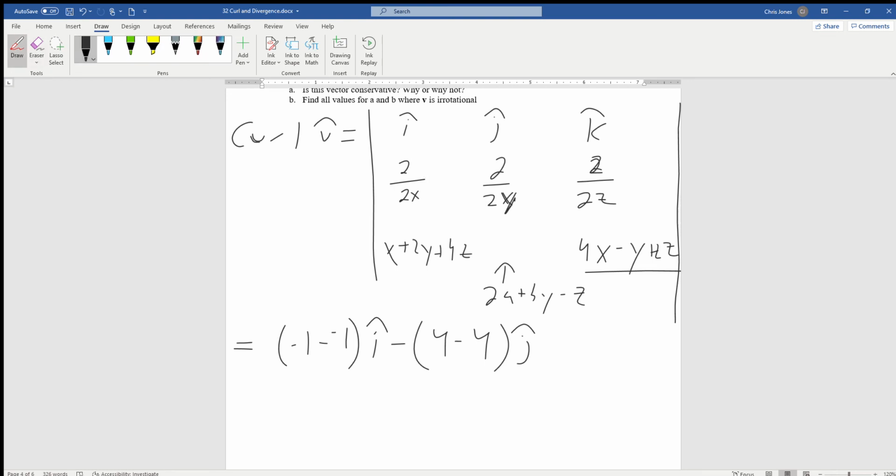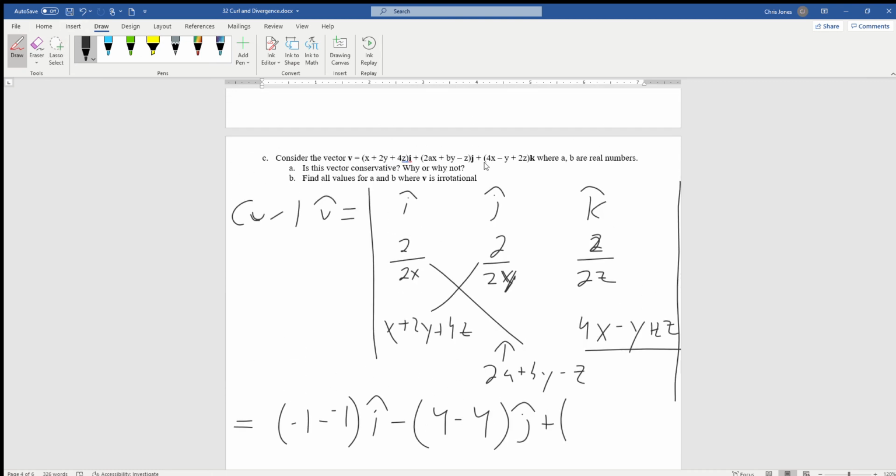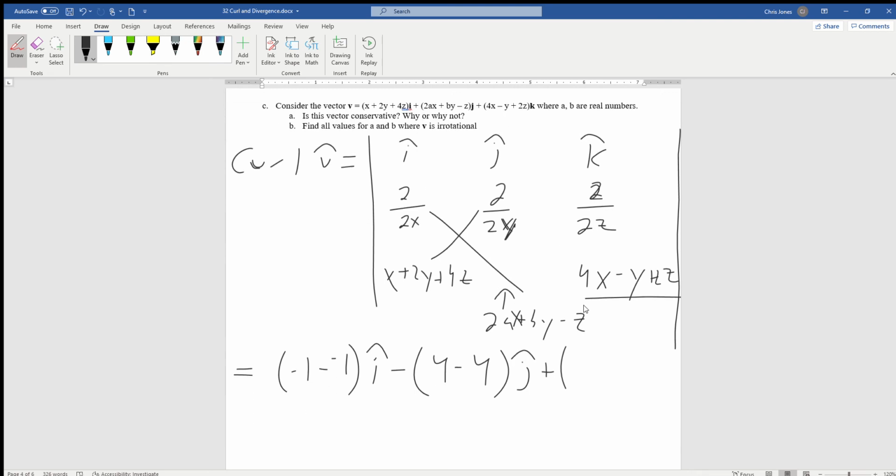And then let's see if everything goes away. All right, so we're going to cross down and up. For k, we're going to take the derivative with respect to x. In this case, I think I might have made a typo here. It's 2ax, excuse me. So the derivative with respect to x is 2a.